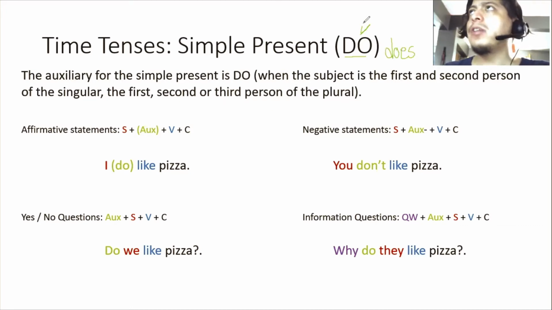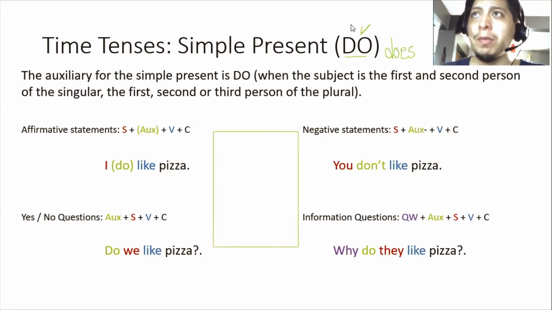Okay, so as you remember, we had something called personal pronouns. You remember the personal pronouns. They are the persons that are the subject, and you can replace the person. Instead of saying Carlos or Jose or Johnny or whatever, you can say he or she or I. The first person of the singular is I. The second person of the singular is you.